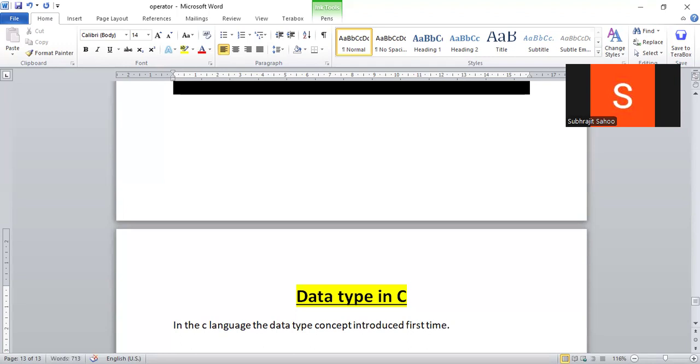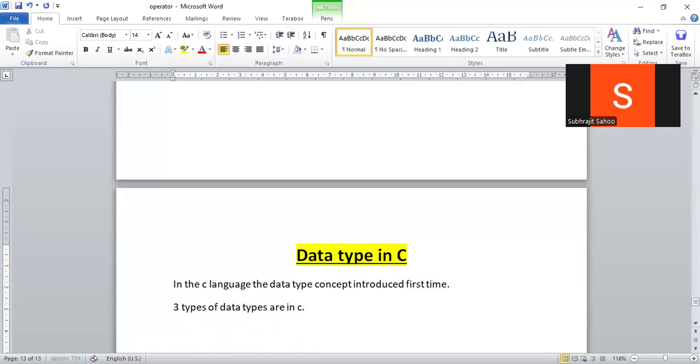What is the second point here? How many types of data types are there in the C language? So in the C language, they classified the data types into three types. What does that mean? Number A, primitive data types.